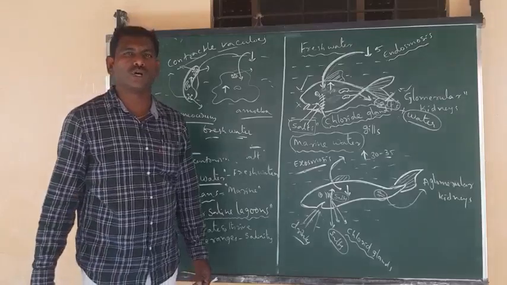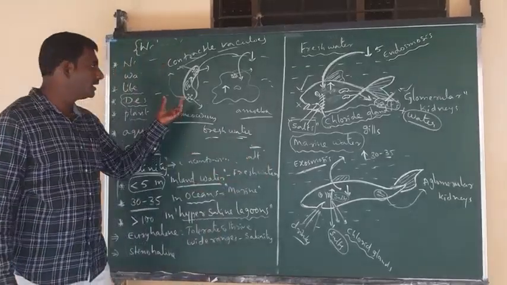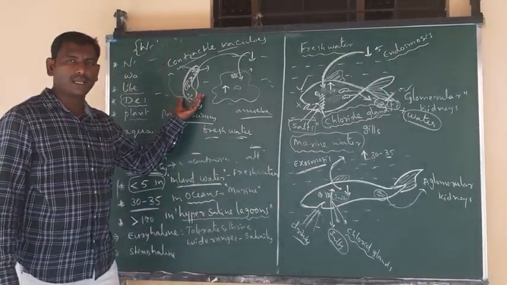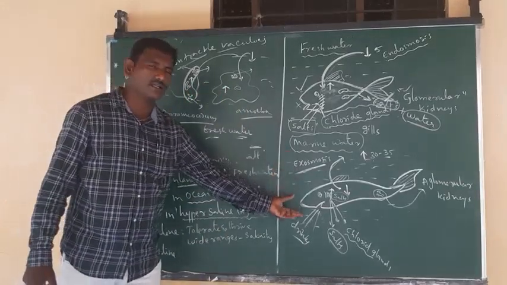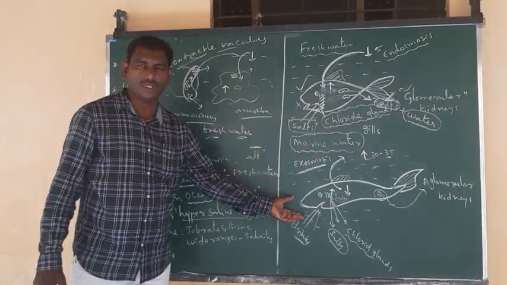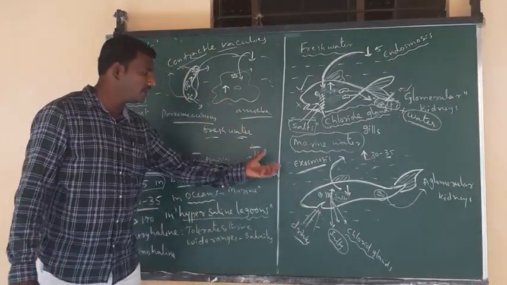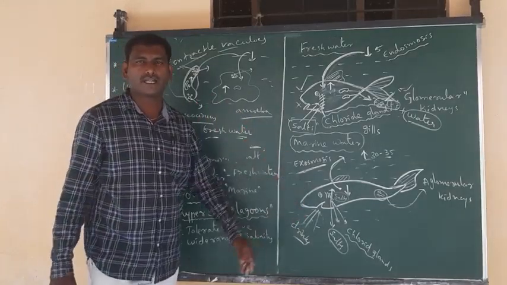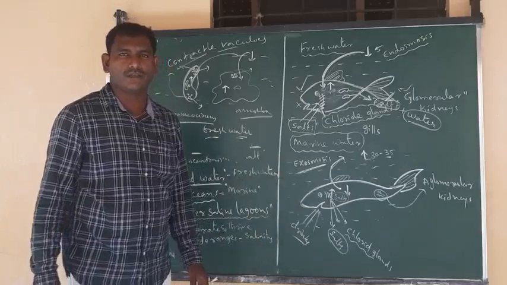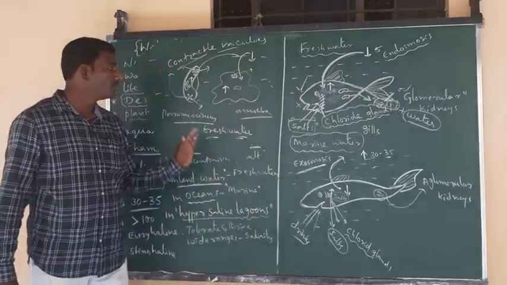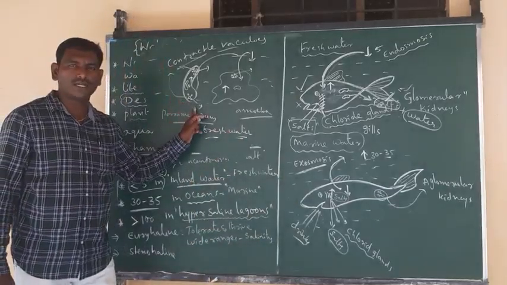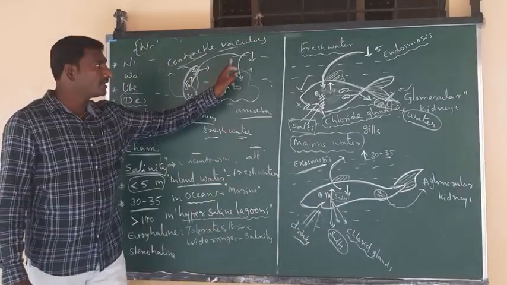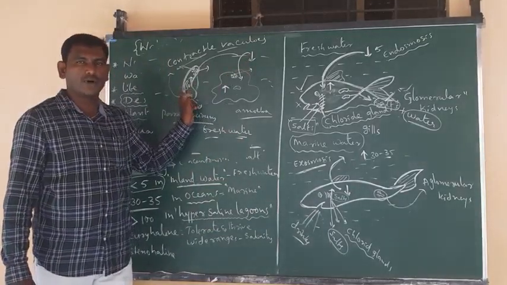So questions are like this: if this freshwater paramecium is immediately kept in marine water, then what about the contractile vacuoles' function? Listen carefully. The question is, paramecium is freshwater. Now this freshwater salinity is less compared to their body fluids.